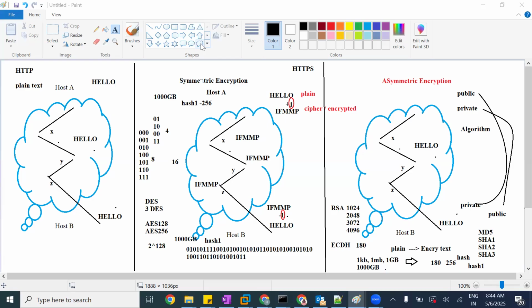SOC Unleashed is different from IAM. SOC is into threat monitoring. IAM is all about user identity and authentication and authorization. Today is a fresh class of SOC, first session. Yes.